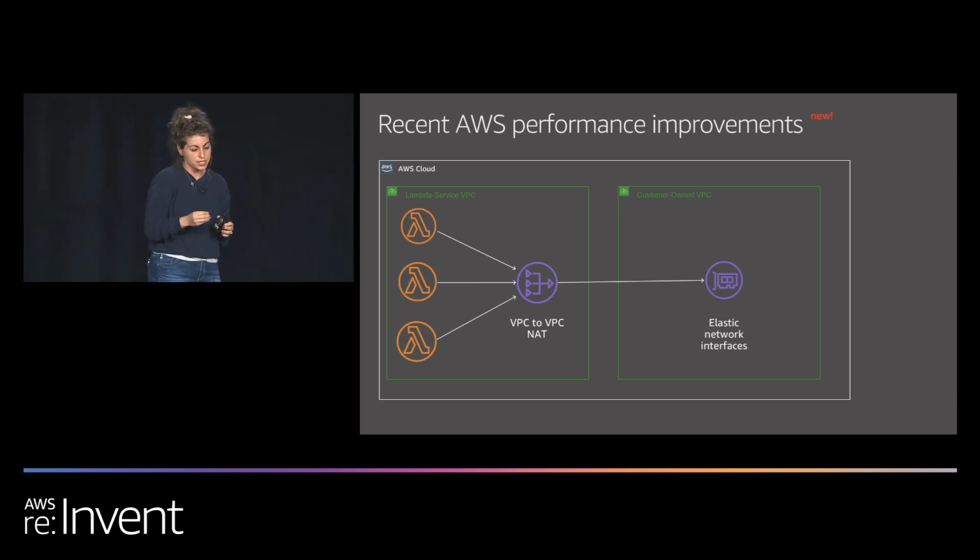Well, now the way it works is that each unique security group and subnet combination across functions will require a distinct ENI. So that means, in this example, if these three functions share a unique security group and subnet combination, they can actually use the single ENI in this image, and they do not need multiple ENIs, which means that you are not limited by the number of ENIs that your account can create. You don't have those limits anymore, because now ENIs can be shared across functions across your account.